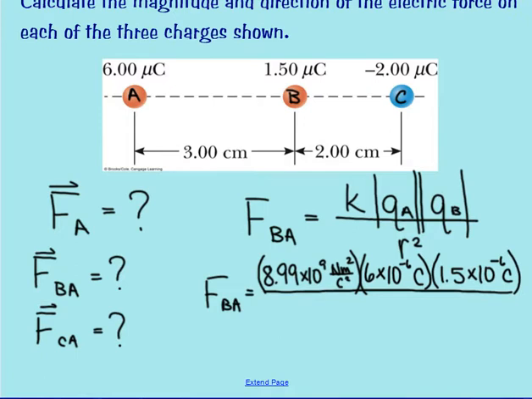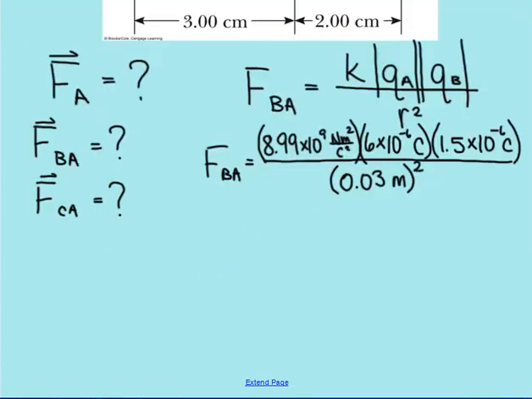The distance between them is 3 centimeters, or 0.03 meters, and we can't forget to square that denominator. As I plug those numbers into my calculator, I end up getting that force BA has a magnitude of 89.9 newtons.